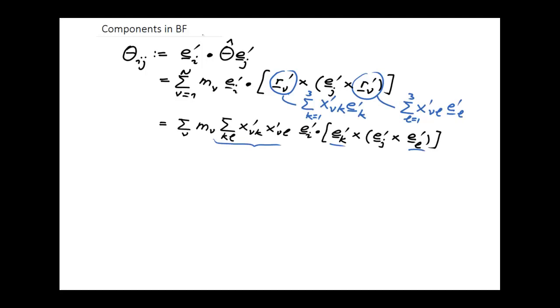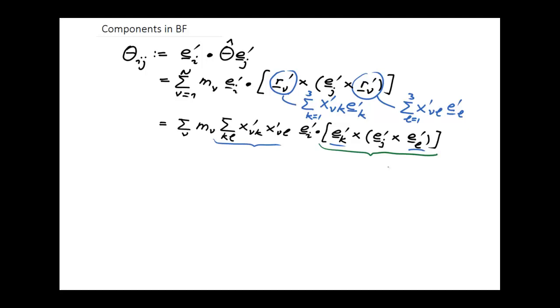That's a good occasion to look more closely at this bracket here. You have a double vector product. There's a nice formula for the double vector product which you may have seen already.